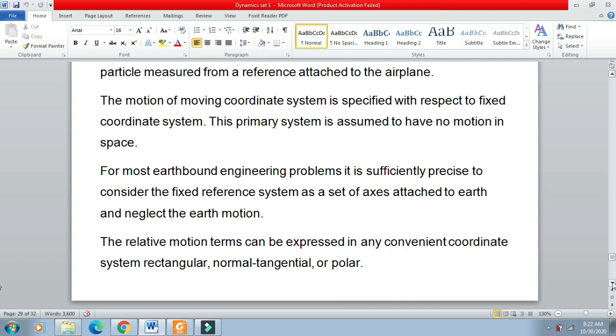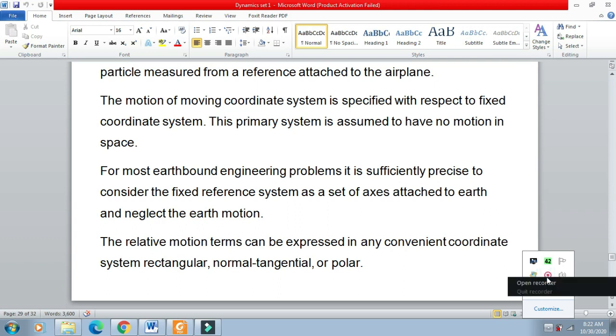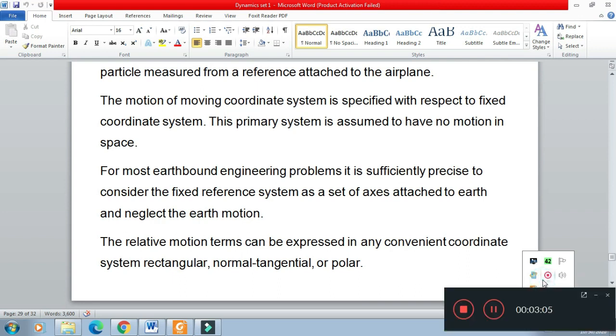Even though the earth is also moving, it has some angular motion, but since the velocity of the motion is very less, it can be considered insignificant and it can be ignored.